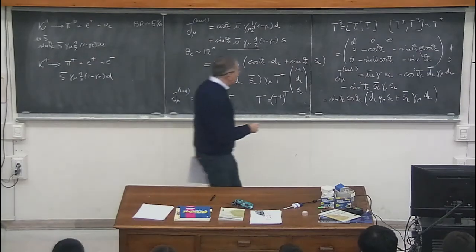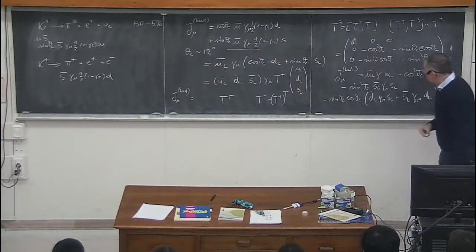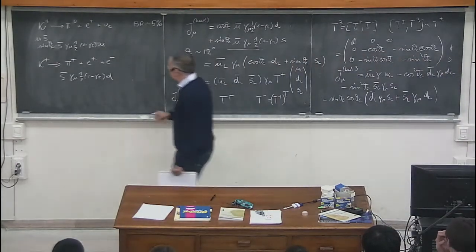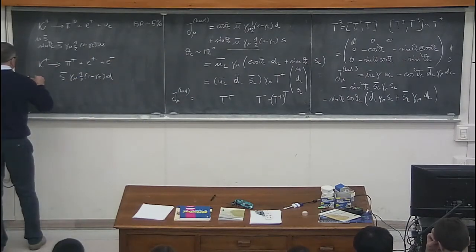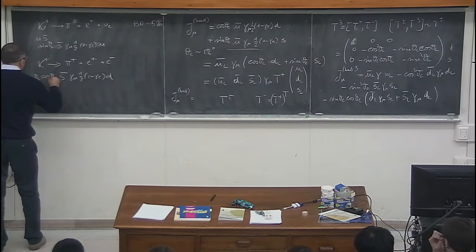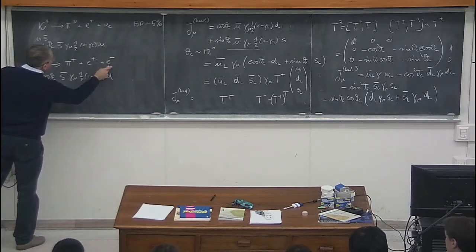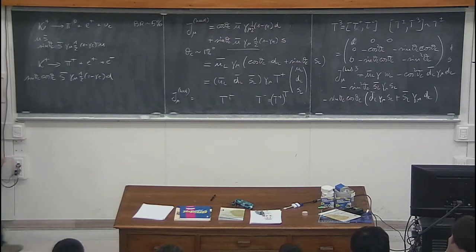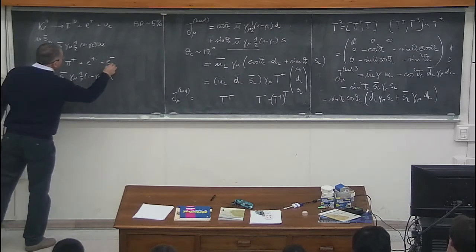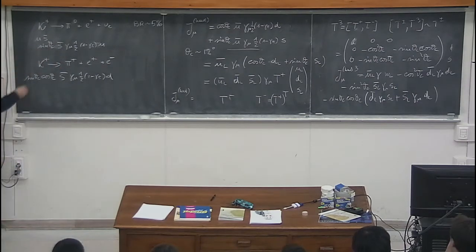And the weight for this is sine theta Cabibbo cosine theta Cabibbo. The leptonic part of the Lagrangian density is essentially the same. The only difference is that here you have a charged lepton, here you have a neutral lepton, but this makes essentially no difference because the mass of the electron is very small compared to the mass of the K meson, which is around 500 GeV.